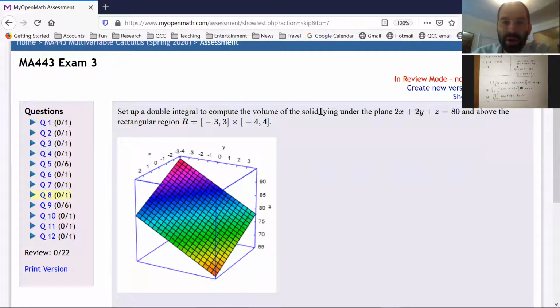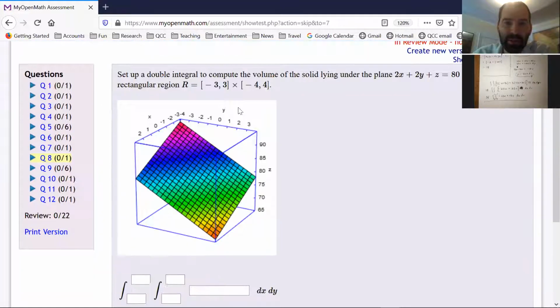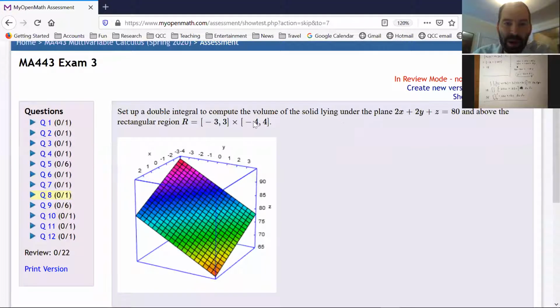The volume of the solid lying under the plane. Well, here's a picture of the plane. Now you can tell what the x and y bounds are just by looking at the picture here. They're given in this format up here. The first interval is an interval for x, and then cross an interval for y. That's the notation that they're using. So this says that x ranges from -3 to 3, and y ranges from -4 to 4. That's how you read this notation.